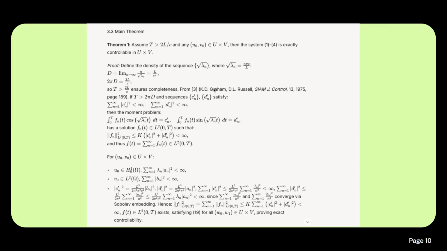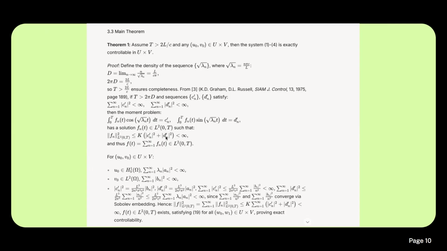Then, according to a well-known result from Graham and Russell, if T is larger than 2 pi D, which is 2L over c, and the sequences Cn', Dn' satisfy this condition, then the moment problem has the solution F_n(t) belonging to L2(0,T) such that this norm on F_n is bounded. Thus, we can have F(t).